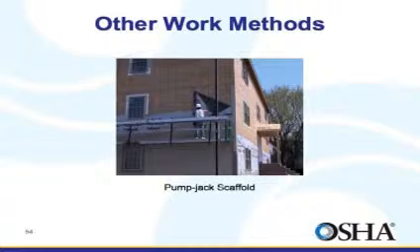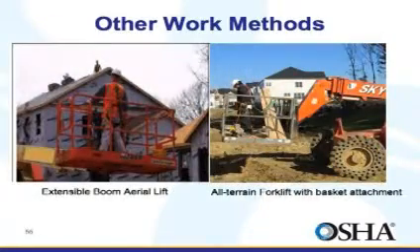Some contractors have used different variations of the pump jack that allow them to jack it up to just under the fascia and to be used as catch platforms. There, the system can be used as perimeter protection while sheathing and roofing operations are performed. An aerial lift is a good alternative for reaching heights if properly used. They can also be used to install and remove guardrail and safety net systems.